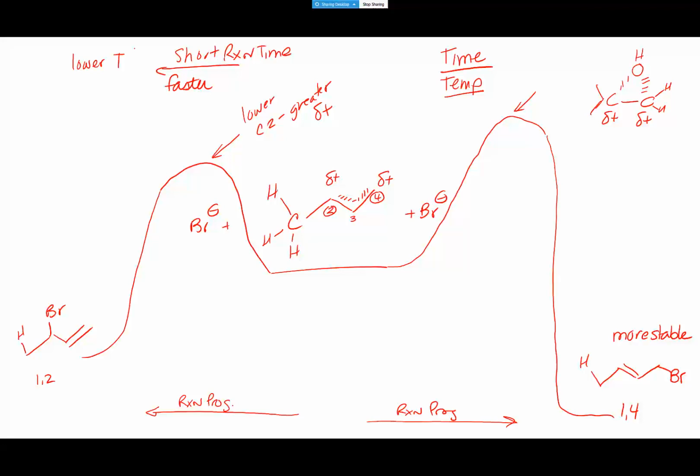So far, we've formed the intermediate, which is the resonance hybrid. It can go either way, but initially, we're going to form 1,2 more than 1,4. And I can favor more 1,2 product by running the reaction a short time and lowering the temperature.